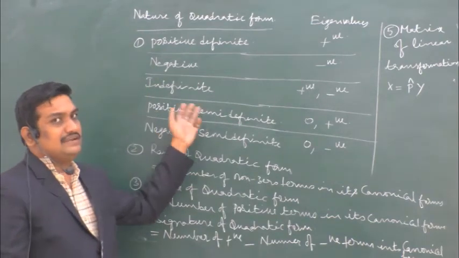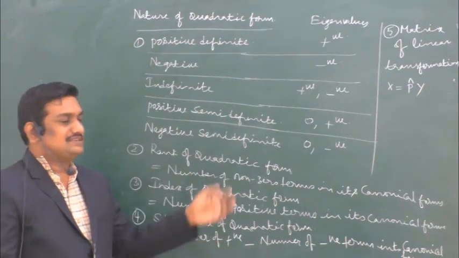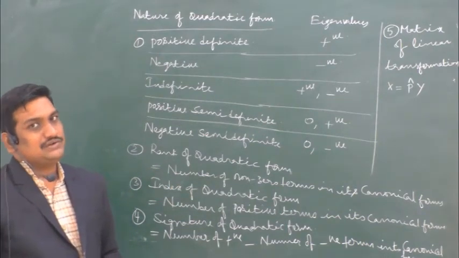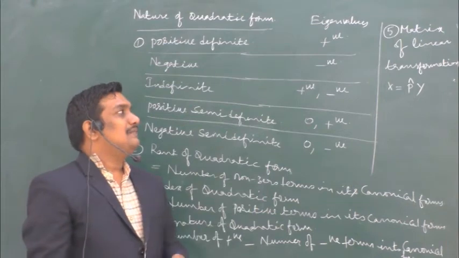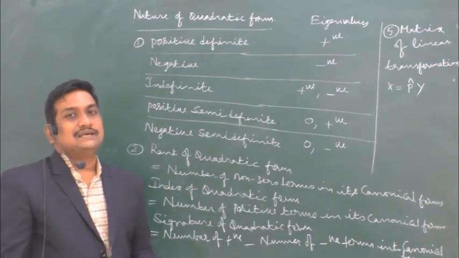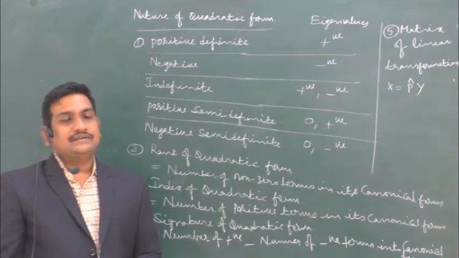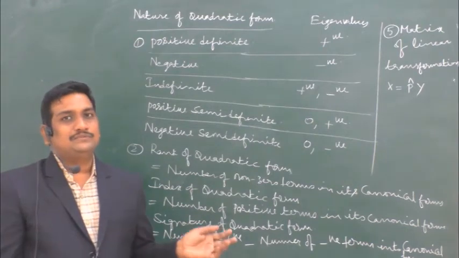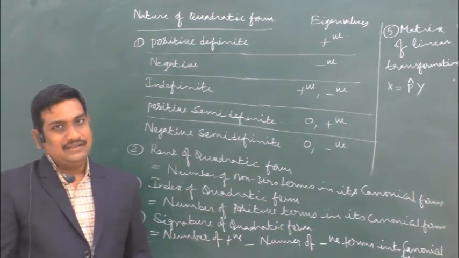Positive definite, negative definite, indefinite, positive semi-definite, negative semi-definite, rank of quadratic form, index of quadratic form, signature of quadratic form, and finally matrix of linear transformation. In the next class, let us see how to convert a quadratic form into canonical form in 2 variables as well as in 3 variables.